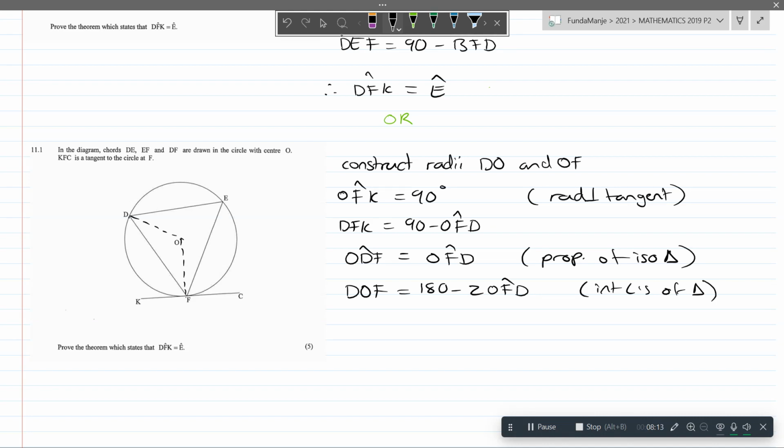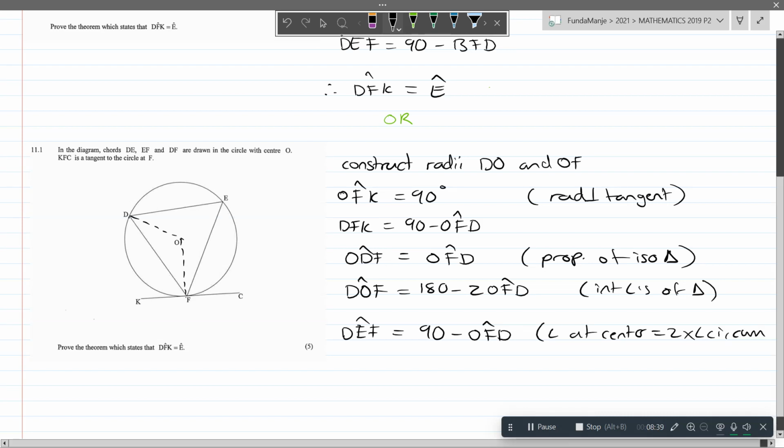And then we want to write now DEF as equal to 90 minus OFD. Why can we say this? This is because the angle at center is equals to 2 times angle at circumference.